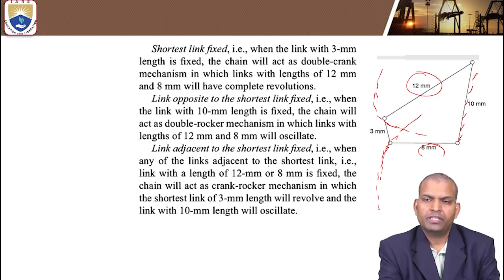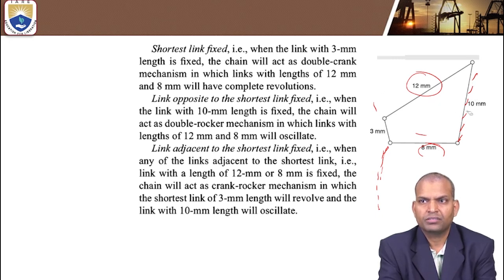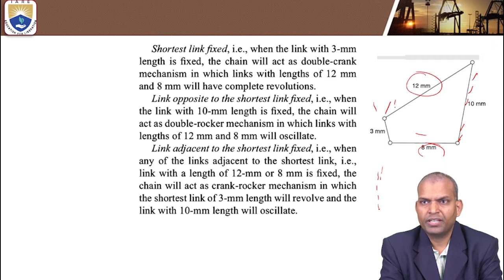Now, what is the third inversion? When the links beside the shortest link are fixed, the shortest link is 3 millimeter. The beside links are fixed, that is, either the 12 millimeter link or the 8 millimeter link is fixed.